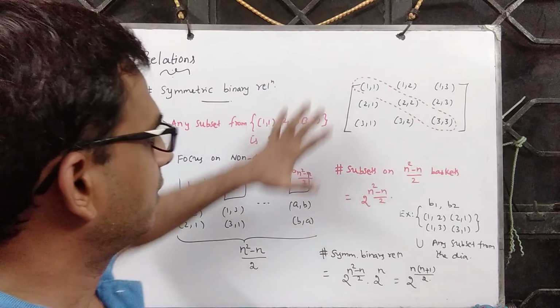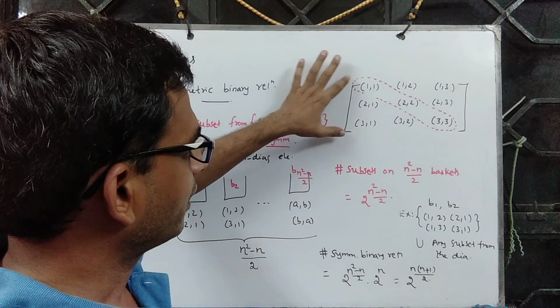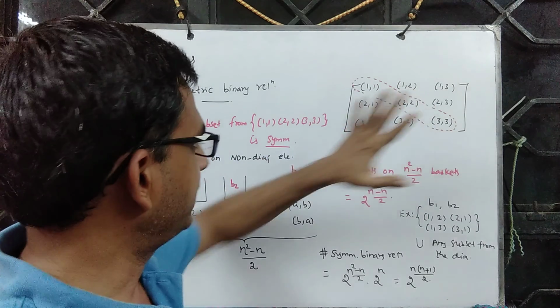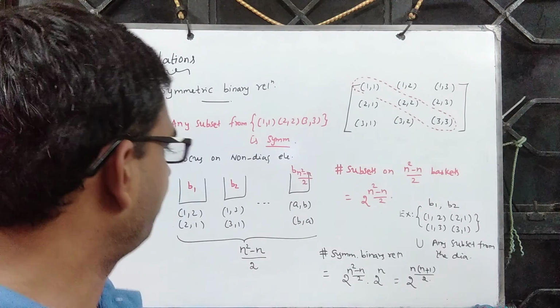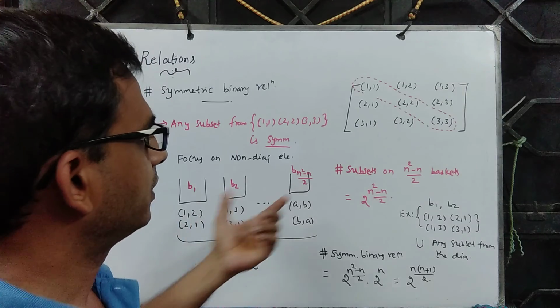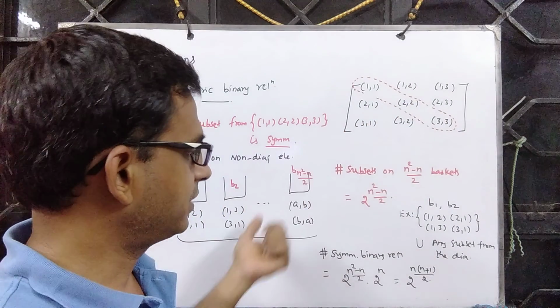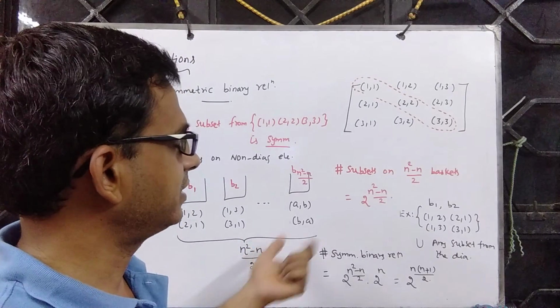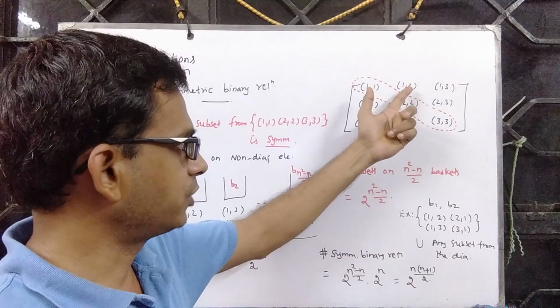So I repeat, if you look at this A cross A, we look at diagonal elements separately and non-diagonal elements separately. Non-diagonal elements, we are grouping them like AB and BA. Why? Because when we try counting symmetric relations, if AB is included, then BA is also included.